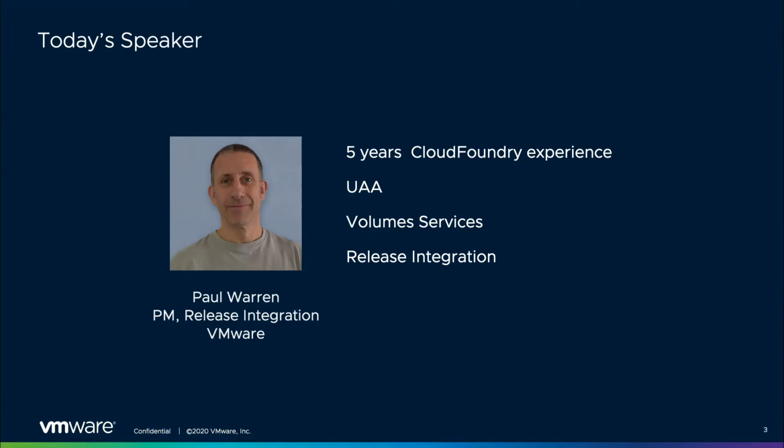And I stuck around on that team for quite a while, in fact. And then I rotated onto release engineering, initially as an engineer, and then subsequently as product manager. And therefore, I am currently responsible for CF deployment product and for cf-for-k8s that we're talking to you about today.